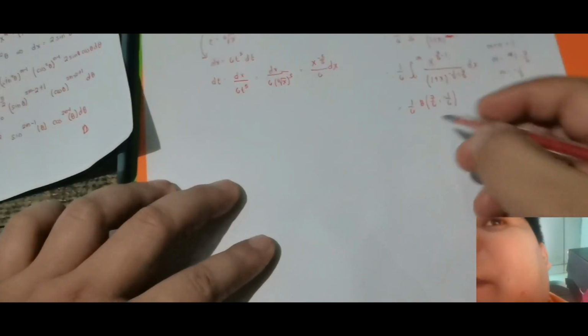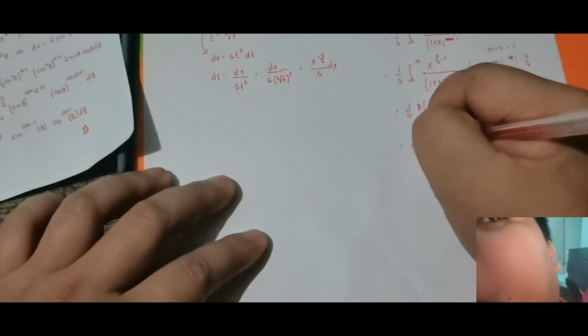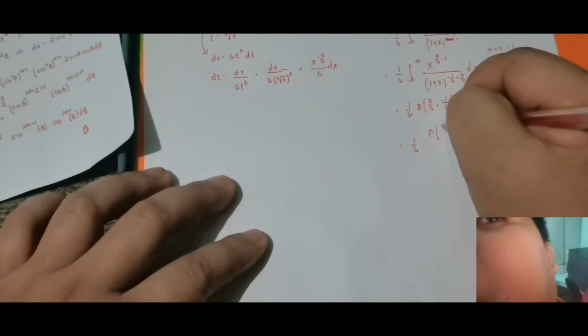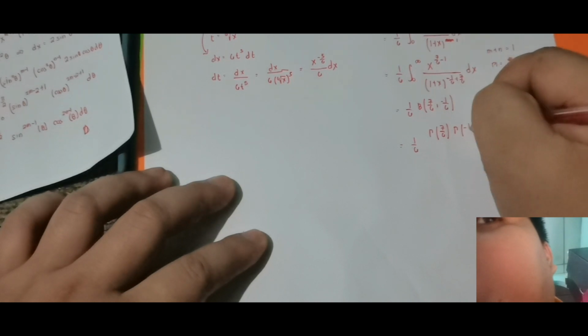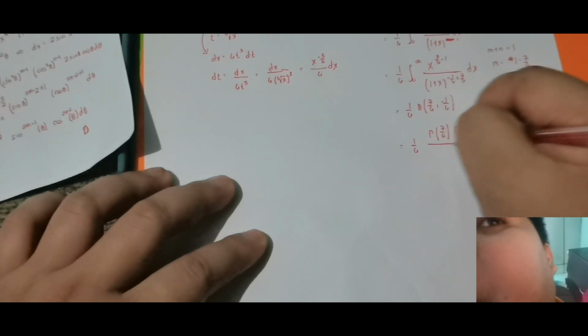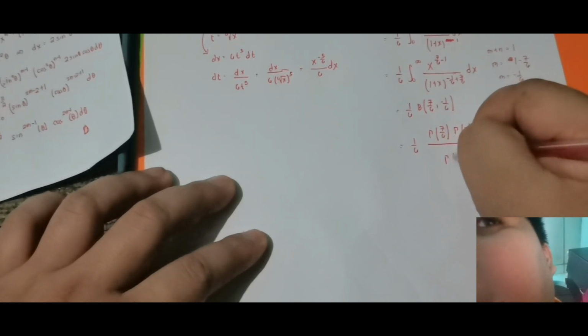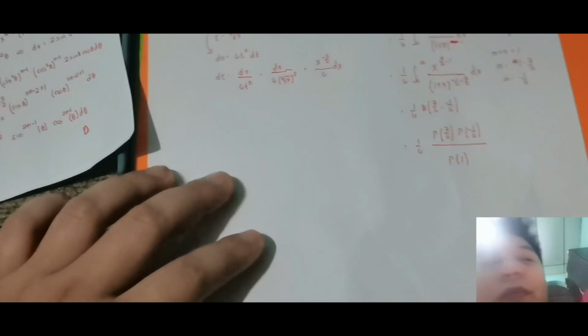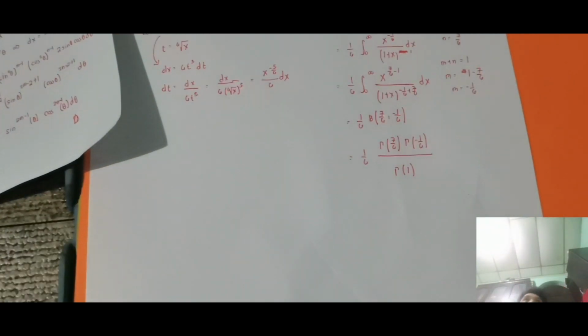So okay yung haba. So this is just equal sa 1 over 6 gamma ng 7 over 6 times gamma ng negative 1 over 6 all over gamma ng add nila, that is 1. Okay, so problema na lang natin si gamma ng 7 over 6. So minus 1 natin na minus 1 yan.